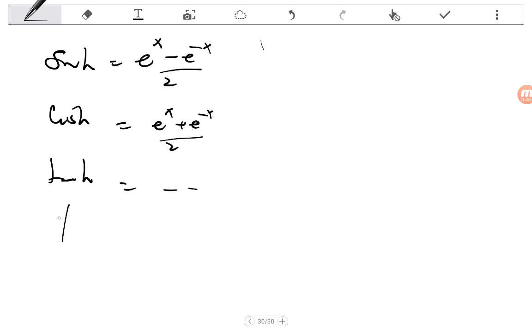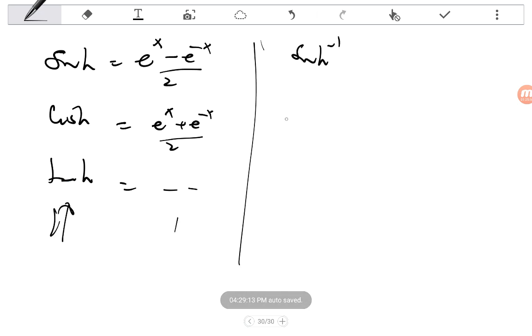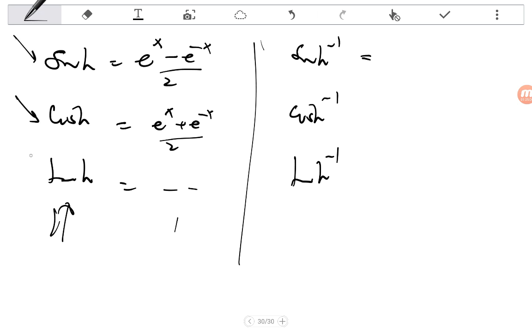The hyperbolic functions are written in terms of e. The inverse hyperbolic functions can be written as the inverse of the e. What is the inverse of the e? It is ln. Yes. So as you could write the hyperbolic functions in terms of e, I could write the inverse hyperbolic functions in terms of ln.